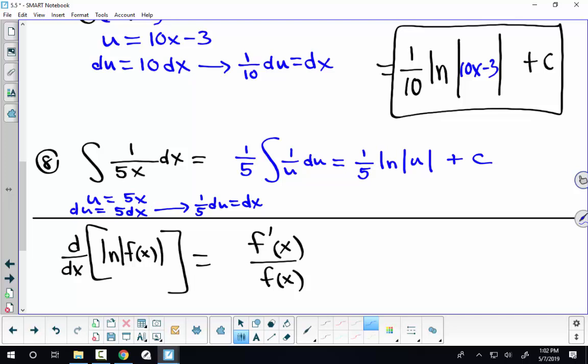And then we resubstitute, u was 5x. So the antiderivative here is 1/5 natural log absolute value 5x plus c.